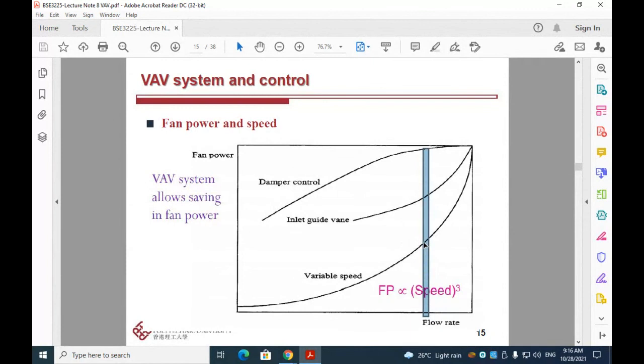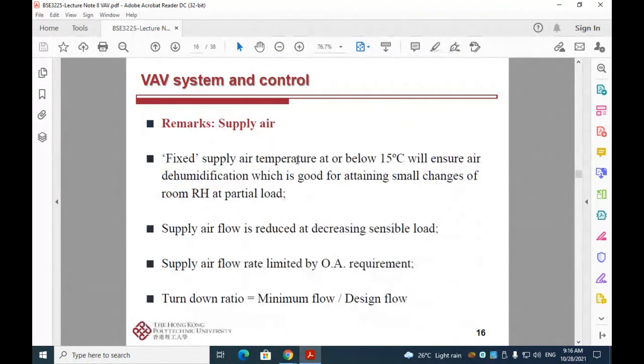And the variable speed control will consume the lowest fan power. So that means by installing variable speed control, the VAV system allows savings in fan power.